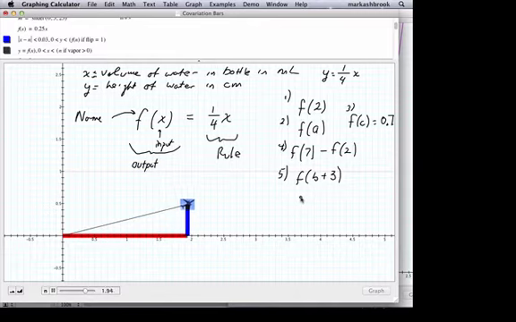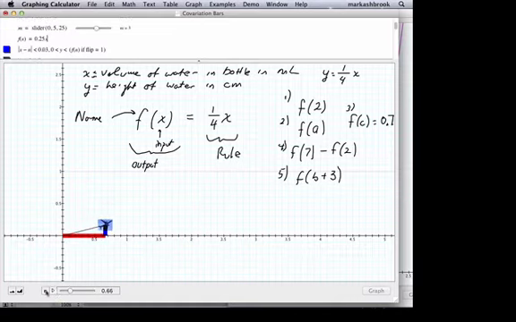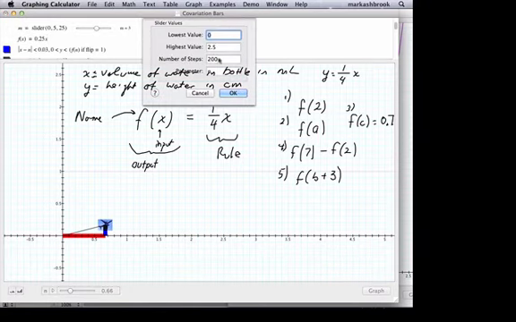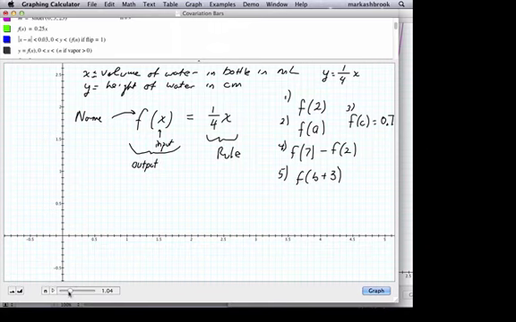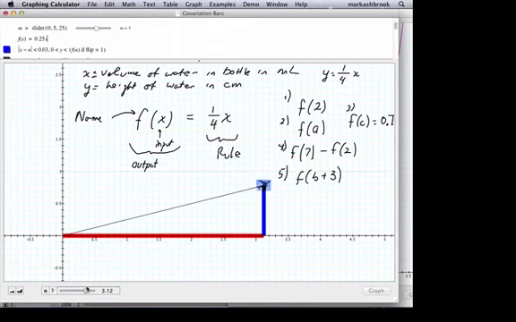Just grab one and put it to the side, and work on this. The height of the water is 0.7. Yeah, it would be the height of the water, the volume. No, because this is the X value, so that's how many milliliters of water are in there.